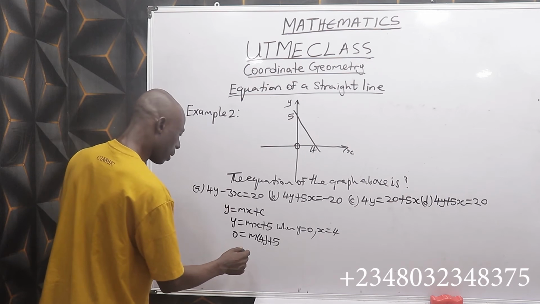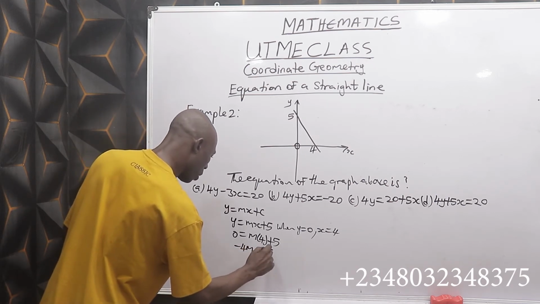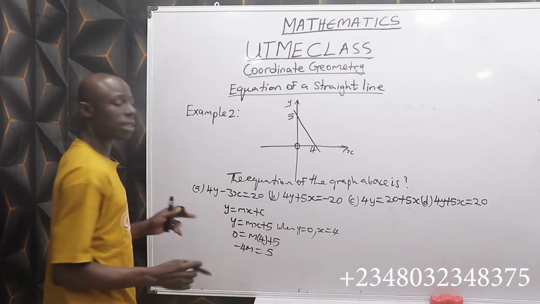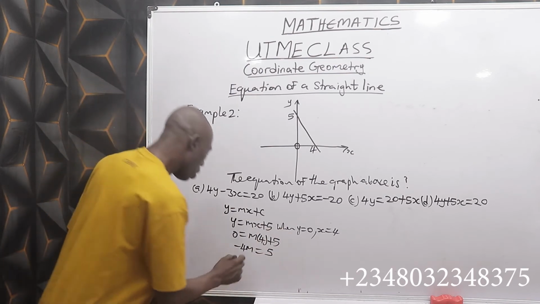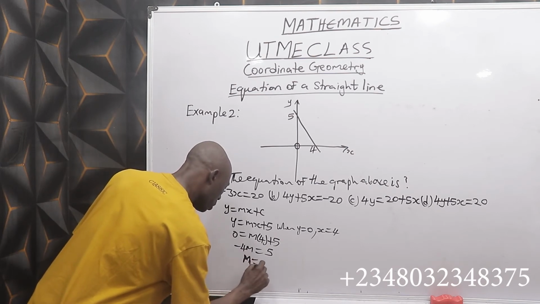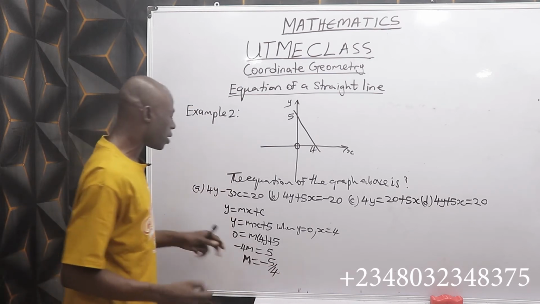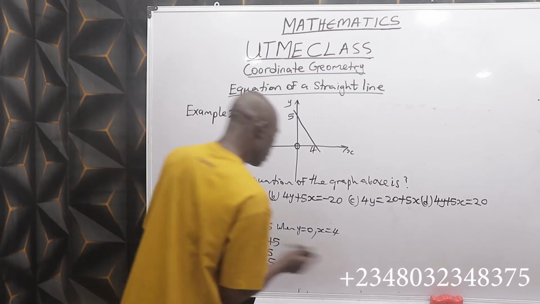Collecting like terms, you have minus 4m equals 5. Dividing both sides by negative 4, we have m being equal to minus 5 over 4. So our gradient is minus 5 over 4.